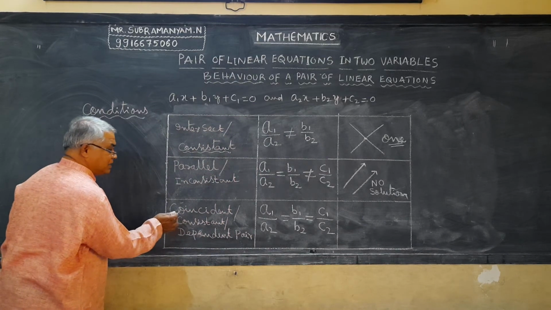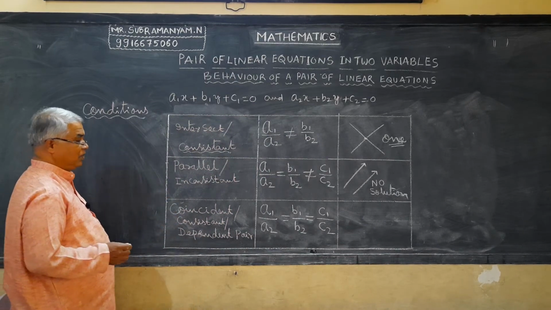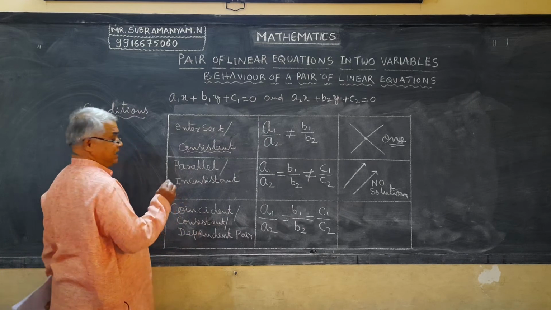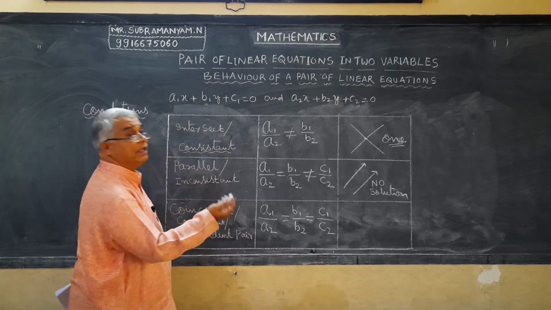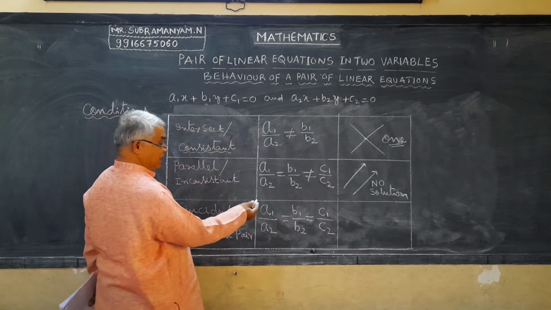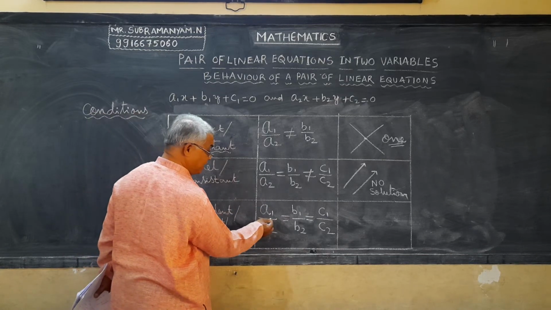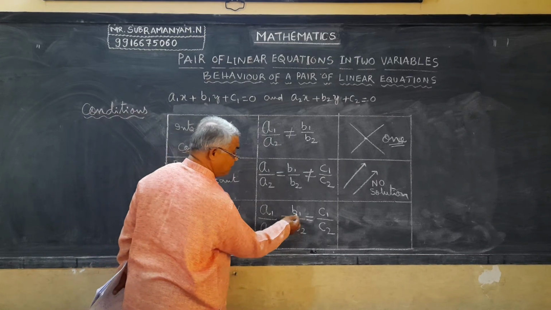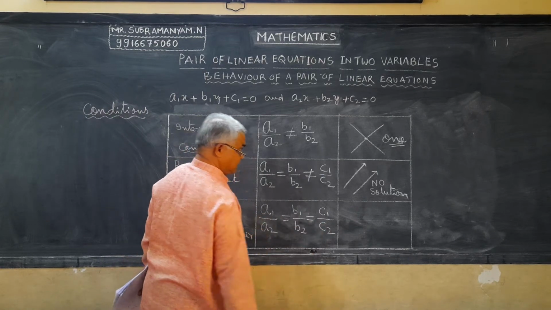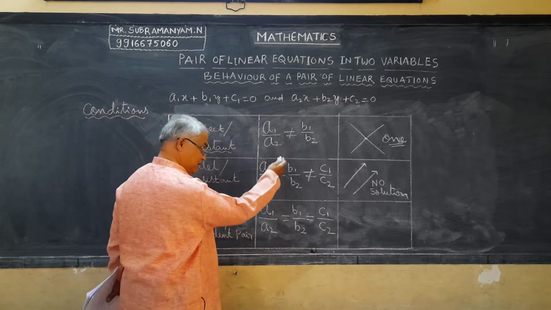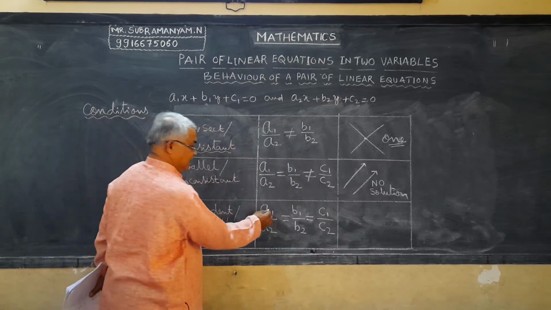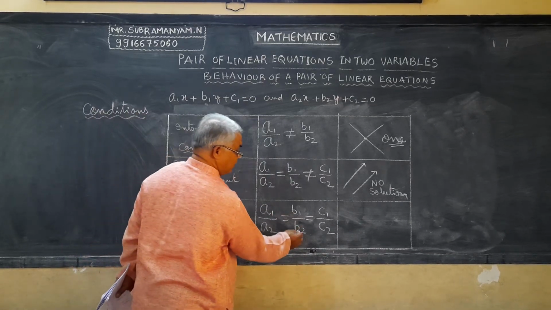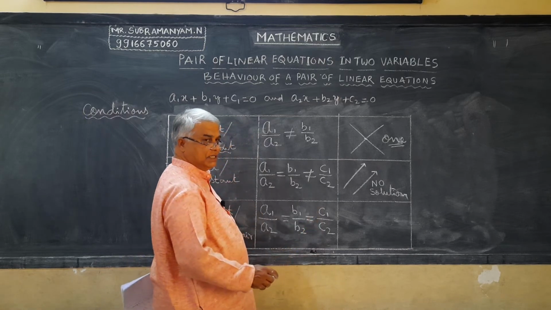And coming to coincident, it is also called consistent. Another name, dependent pair. The condition is a1 by a2 equal to b1 by b2 equal to c1 by c2. Observe these things. Coincident, a1 by a2 equal to b1 by b2 equal to c1 by c2.